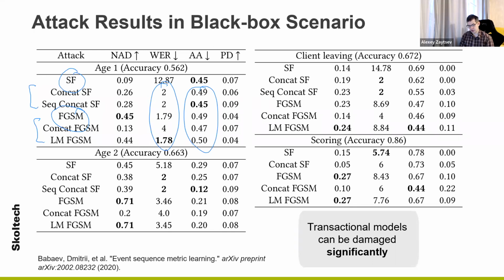So we just break the model completely, and we can do it even better here. And it was also the case for other data sets, for client living and for Score, and we still break it a lot.